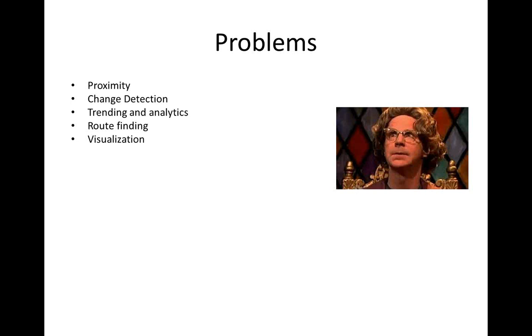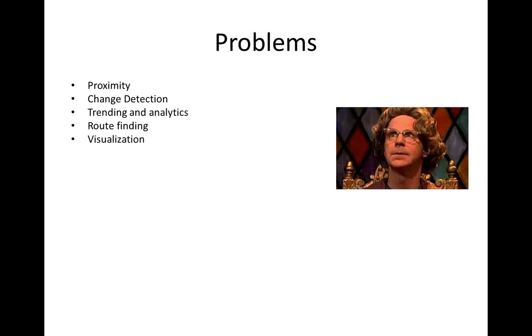So spatial data really is about solving problems. Proximity: how close are things to each other? If you want to get a pizza, where's the closest place I can get a pizza? Change detection, in terms of crops, trees, vegetation, those kinds of things. Trending analytics: where are stores located, where are they not located anymore.